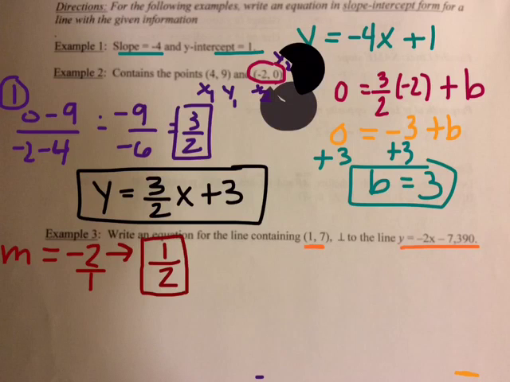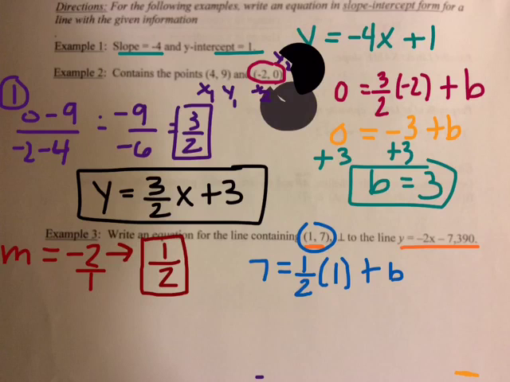Now that we have our slope, we're going to do the same thing we did in the top. Take the point that they gave you, plug 7 in for y, plug in our slope, plug 1 in for x, plus b. 1/2 times 1 is 1/2. Subtract 1/2 on both sides.